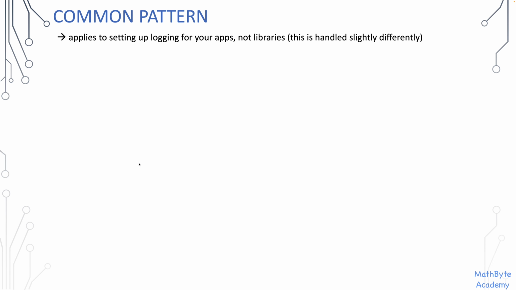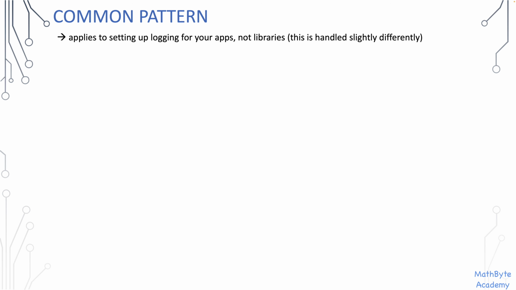So a common pattern, and this applies now to setting up logging for your apps, not libraries. What you do for libraries is slightly different because you really don't want to muck around too much with logging in libraries because you want the user of your library to configure the logging to be what they want. So I'm not going to discuss that.